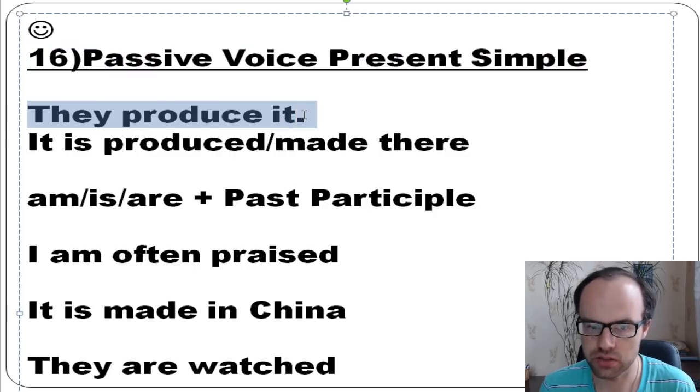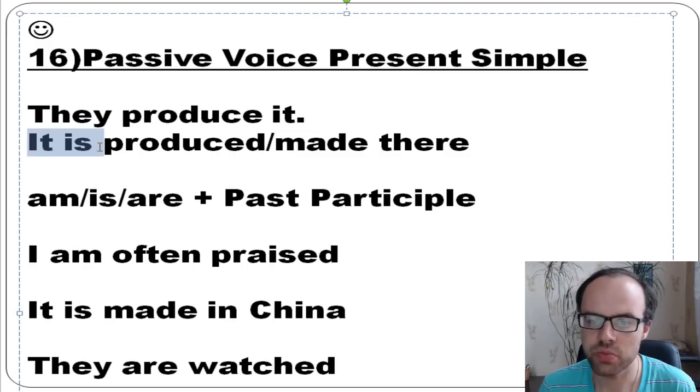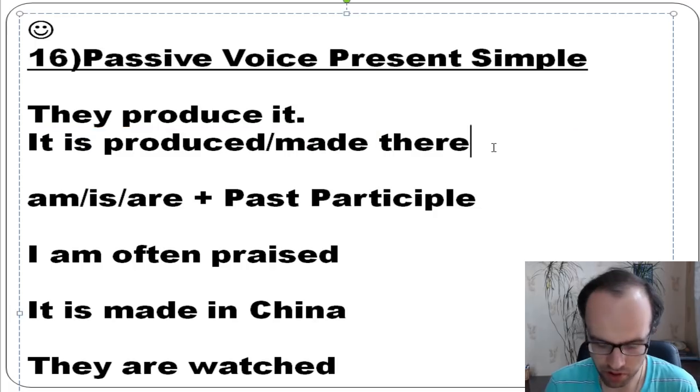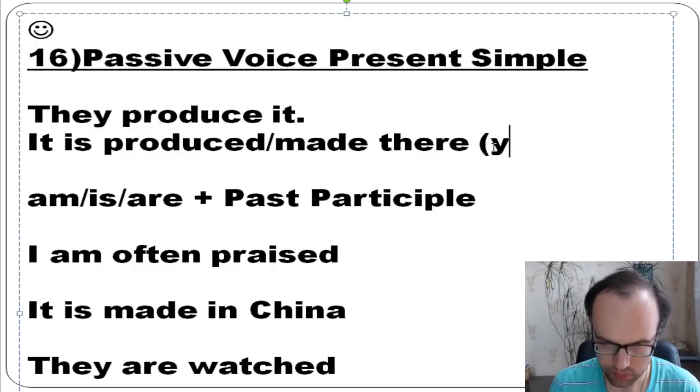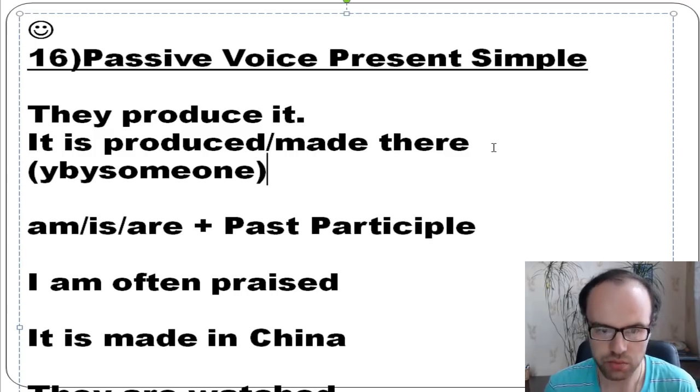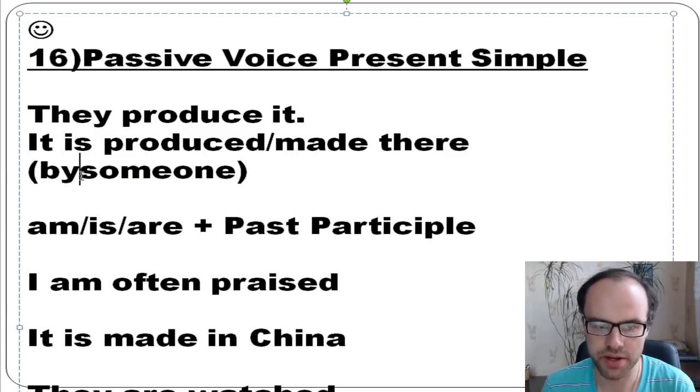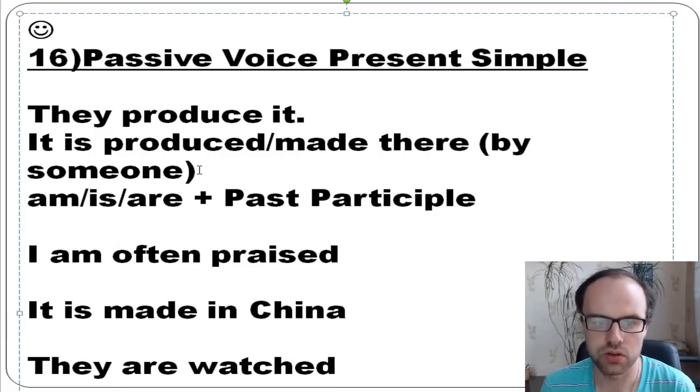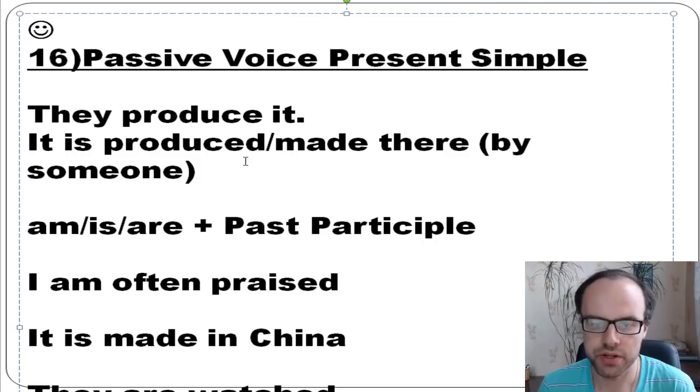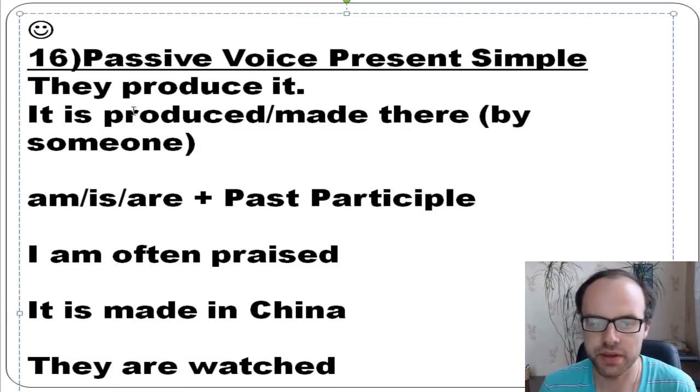They produce it, or we use it: it is produced there, or it is made there by someone. Okay? By someone. So yeah, good.